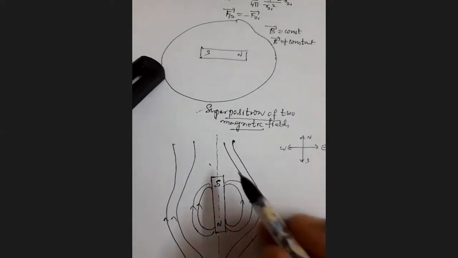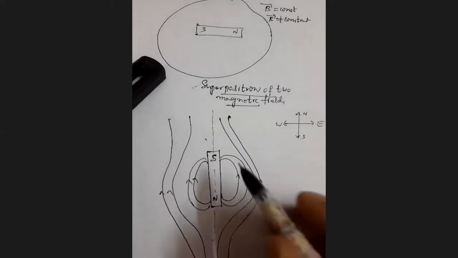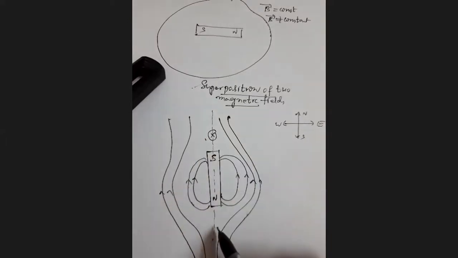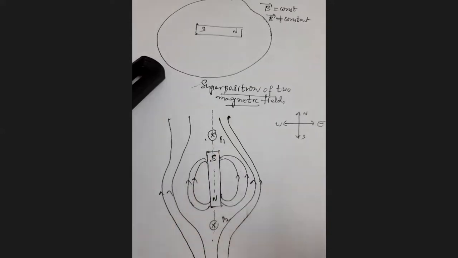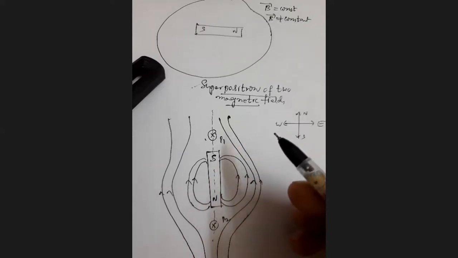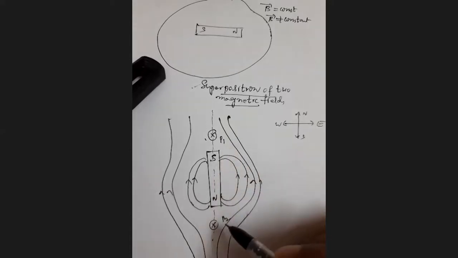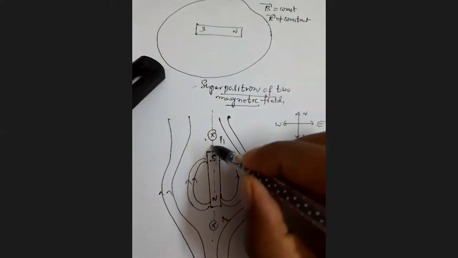On this axial line, there exist 2 points, point 1 and point 2. I'm showing them as P1 and P2. There you can observe that no lines of force exist. Why? Because there the magnetic induction field strength due to the bar magnet and Earth's magnetic field are both equal in magnitude and acting in opposite direction. On the bar magnet axial line, the magnetic field direction is always from south to north.